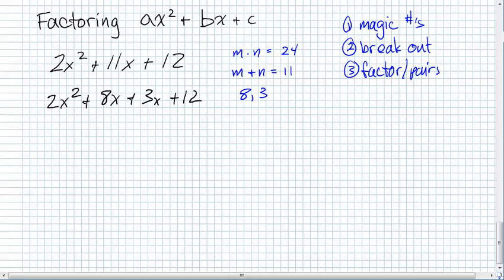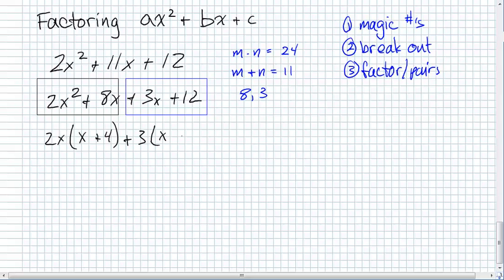I'm just going to look at those two there, and I see that I have a 2x that is common to both. 2x squared divided by 2x is just x. 8x divided by 2x is 4. Then I'm going to look at the second set of numbers. I see that 3 is common to both, so I'm going to factor out 3, leaving me behind x plus 4.